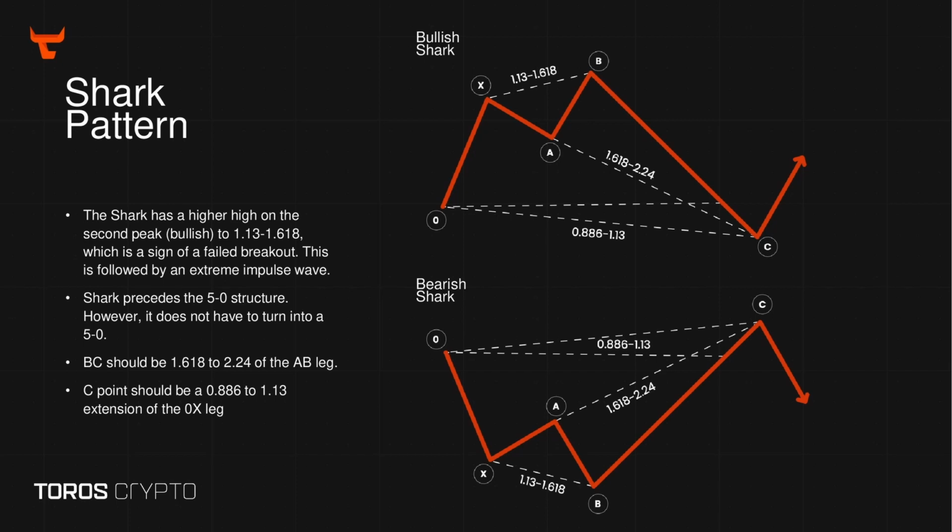So therefore, because it's a bearish shark, price will come down here and look for that 0.5 Fibonacci, and then it has an option of turning into a 5-0 at that point, and the 5-0 would be a bullish 5-0. So we'll go and look at the 5-0 structure now.